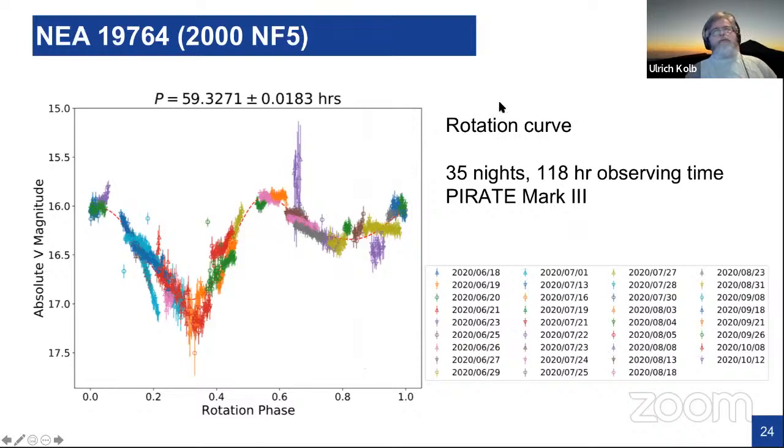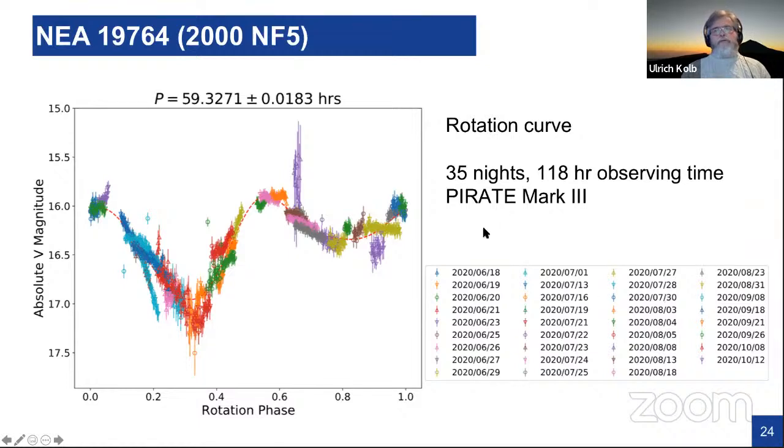And the outcome then is something like this. This is one particular asteroid, a near-Earth asteroid. What we show here is the rotation curve assembled by folding with the correct rotation phase the different branches that were observed during these different observing nights.